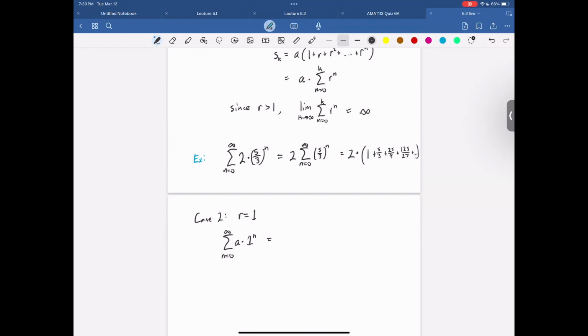This is just going to equal the sum from 0 to infinity of a. So unless a is 0, it's going to just blow up. And so 2 out of the 3 cases diverge.